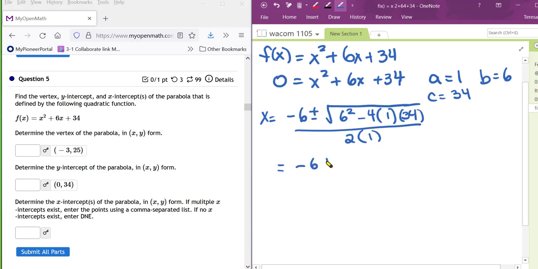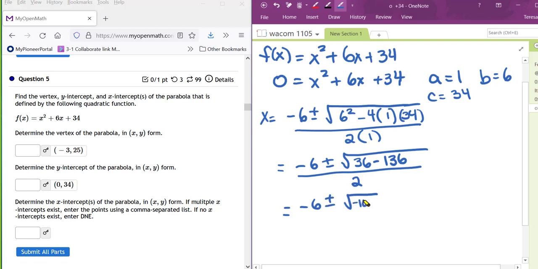So we get negative 6 plus or minus 36 minus, and we have 4 times 1 is 4 times 34, minus 136. And if you start to get pretty clever with your quadratic formula and looking at your answers, if you get negative under your radical when this is cleaned up, you're going to get i's for answers, and that is what is going to happen here. So negative 6 plus or minus square root of negative 100 over 2.